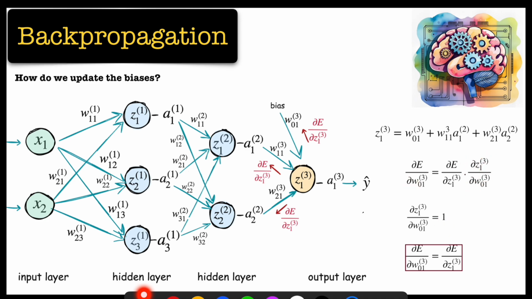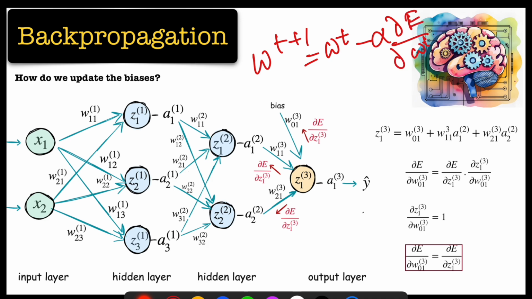So del E del W013 will be del E del Z13, whatever we calculated using chain rule in this path. That's how we compute the gradient of the bias. And as we calculate all these gradients with respect to the biases, we can use them in our gradient descent: Wt plus 1 equals Wt minus alpha, where alpha is the learning rate, times del E del Wt for all the weights. This is how we will be training our weight parameters.